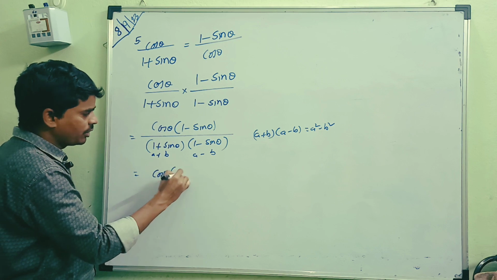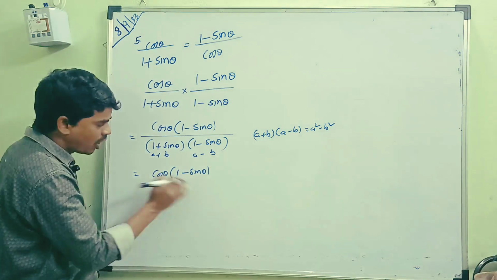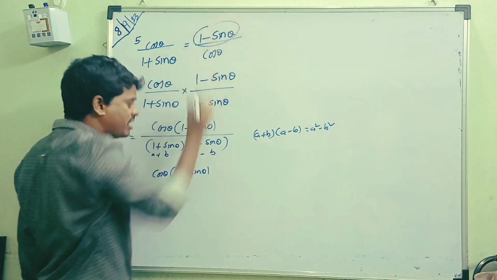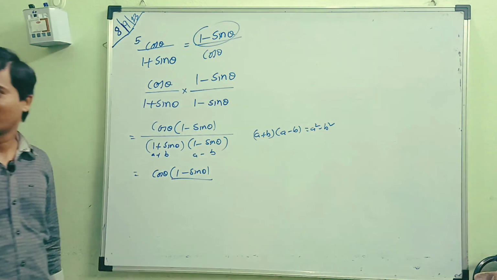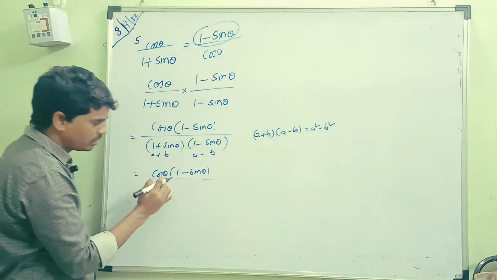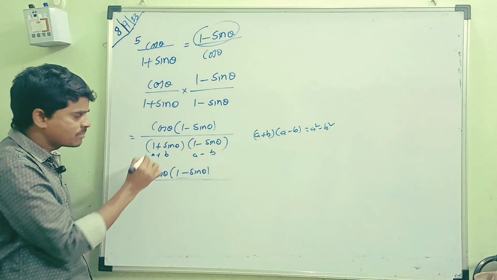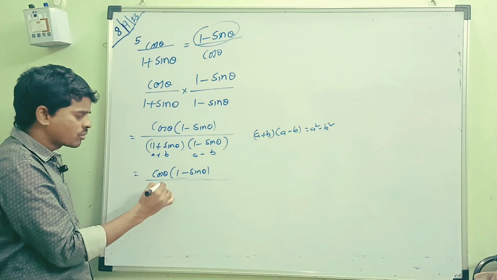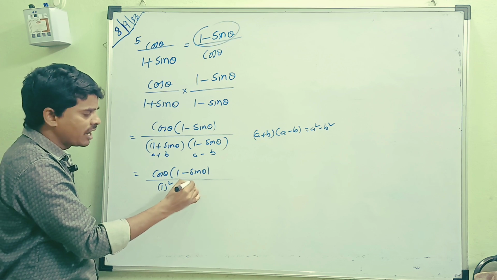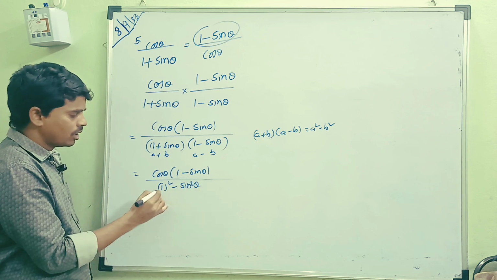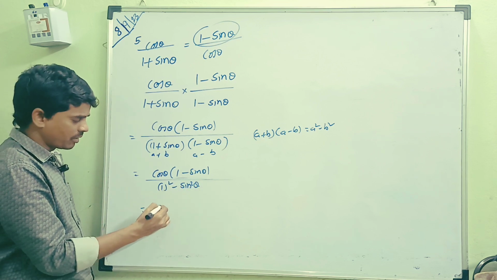So cos theta into 1 minus sin theta, we should not multiply because the numerator is this one only. We should not convert it. So a plus b, a minus b, what will it be? A square minus b square, that means 1 square minus sin square theta. 1 square is 1, so we can write 1 minus sin square theta, which is cos square theta.